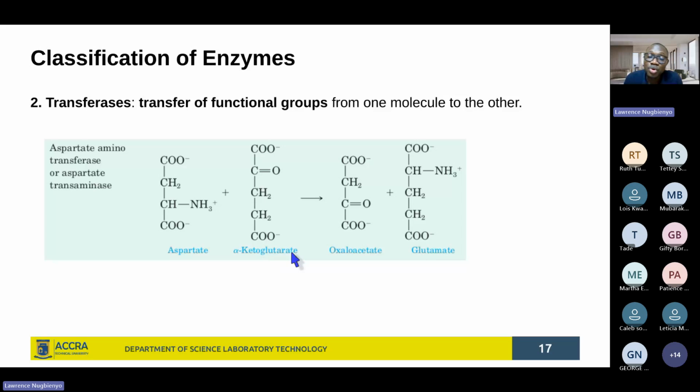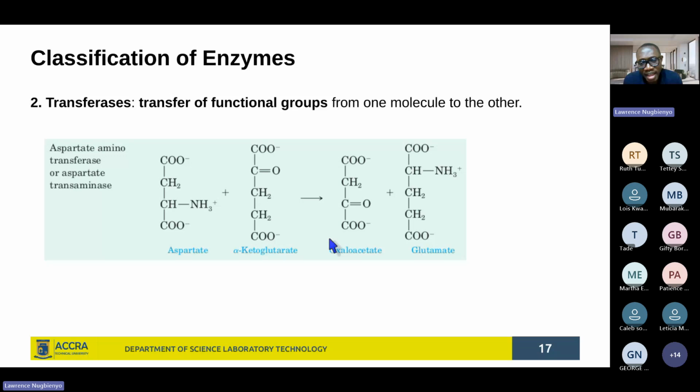When you go to the TCA cycle that you studied before, you see alpha ketoglutarate there as an intermediate. Just go back and look at that TCA cycle, and you will see there is alpha ketoglutarate along the line somewhere. Similarly, you also see oxaloacetate there, in the very first reaction. Then glutamate is also an amino acid, which you studied.